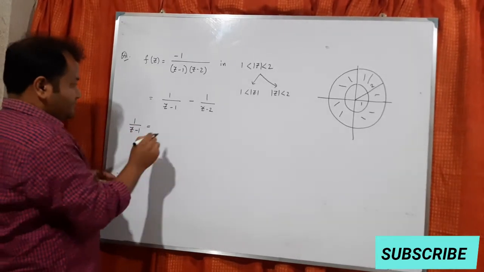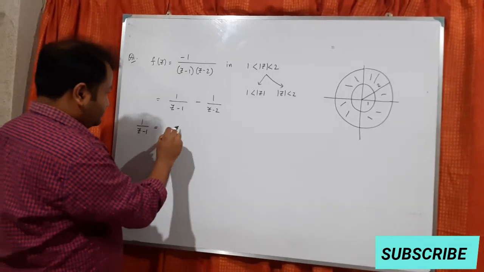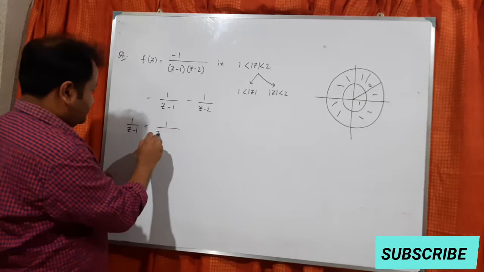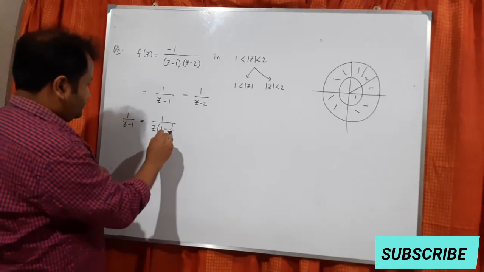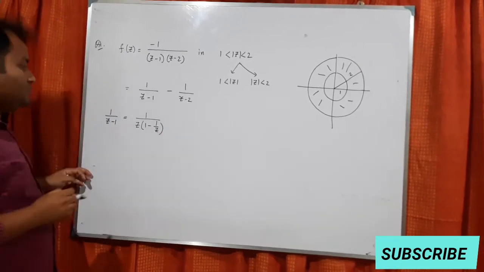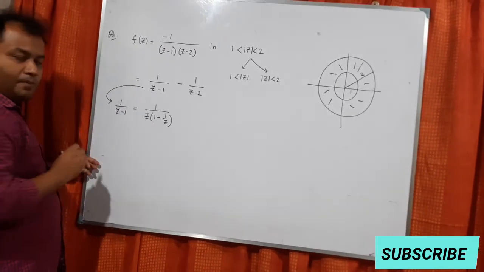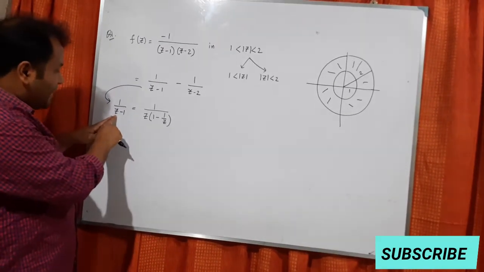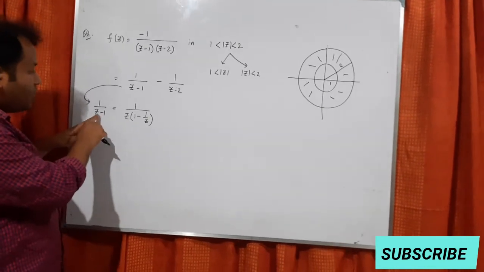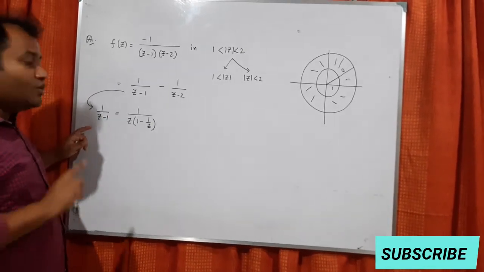So here, I have taken only the first portion, and from here I have taken z common, so it will be 1 minus 1 over z. Why?